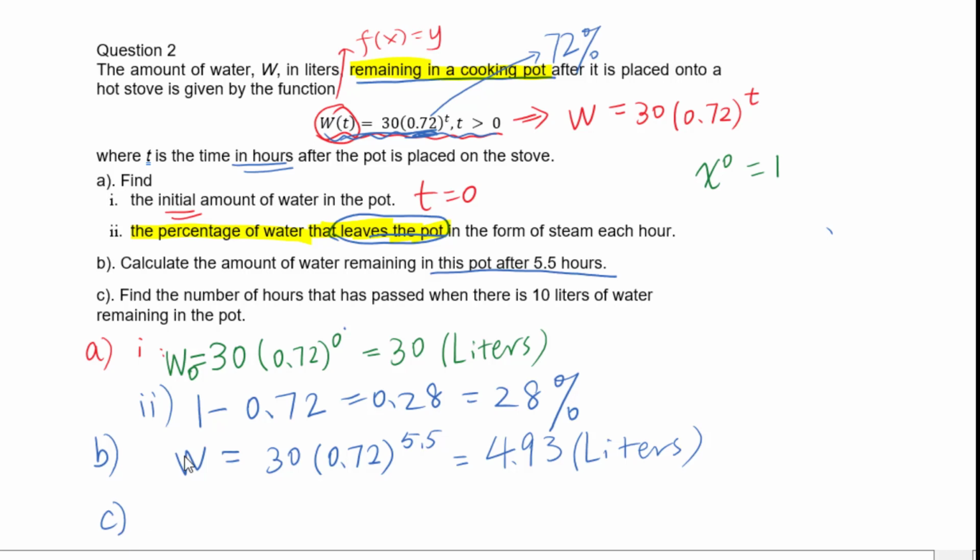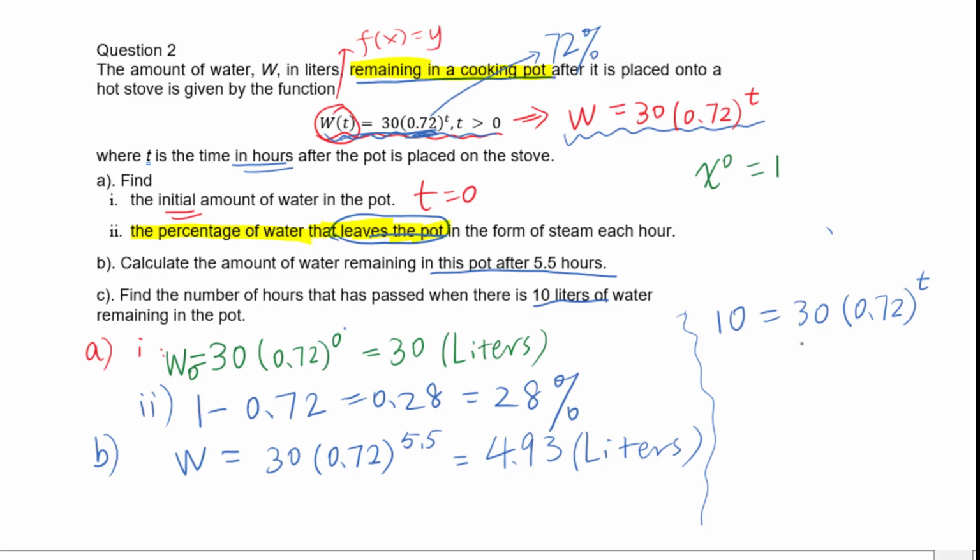Look at the C. Find the number of hours that has passed when there is 10 liters of water remaining in the pot. Now we use this function. The remaining water is 10 equals 30 times 0.72 to the T-th power.